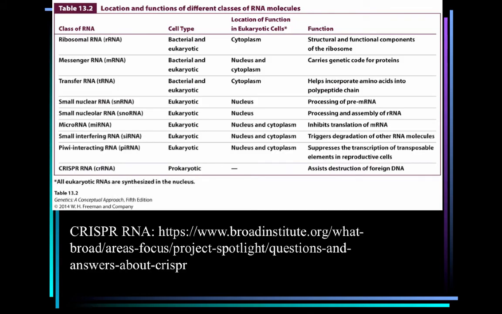So your table 13.2 in your book really gives a good synopsis of the similarities and differences between all the RNAs. And there's a couple on here that I didn't mention in the previous slide, like snoRNAs, silencing RNAs, or piwi-interacting RNAs. And one of the new ones that is really starting to take a front seat as far as popularity in genetic research is CRISPR RNA.